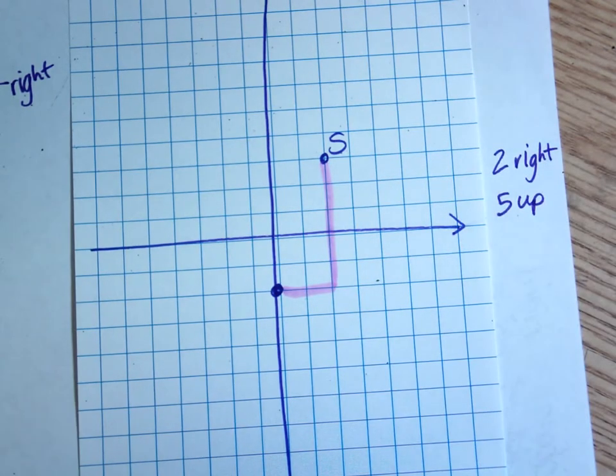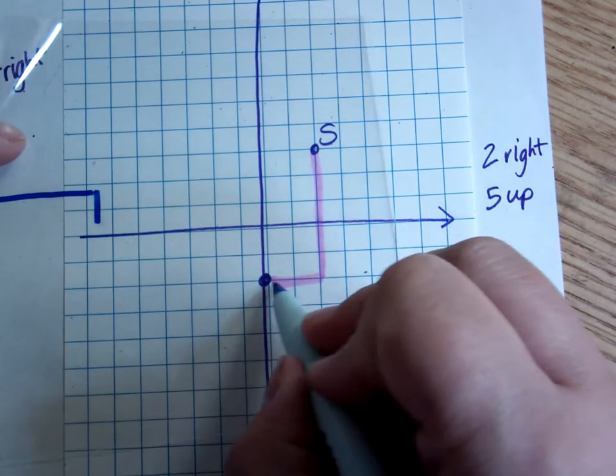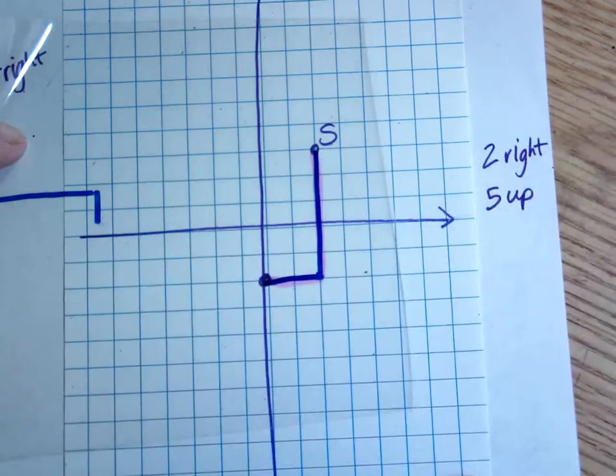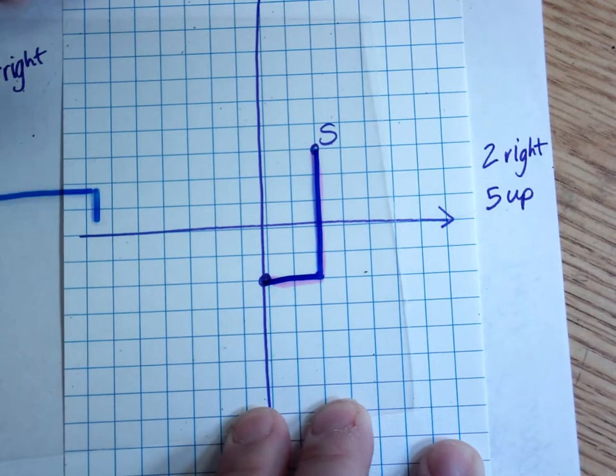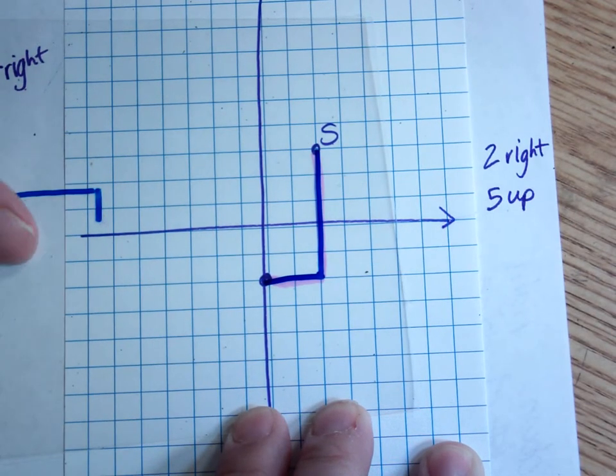Now I'm supposed to be rotating this 270. So when I see this, here's how I'm picturing that. I'm thinking, okay, this is going to be rotated, and you can ignore this part over here, that's from a previous problem.